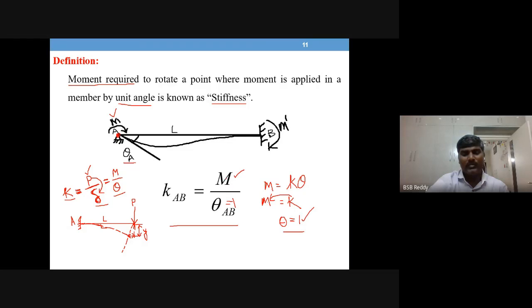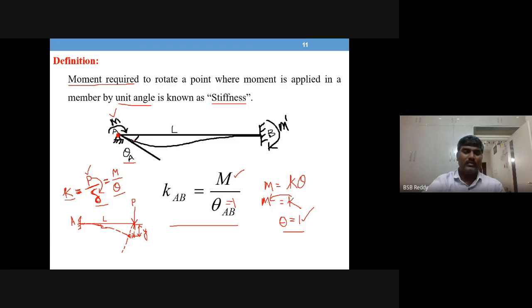If theta is equal to 1, that moment is equal to k, which is known as stiffness. So the moment required to rotate a point by a unit angle is known as stiffness in simple words.